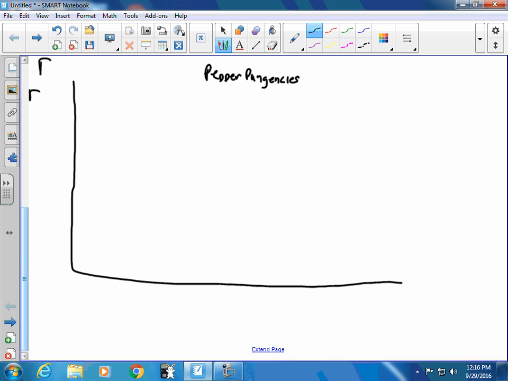How am I going to label the x-axis, this one down here? What do I label that as? What's going to be on my x-axis? Brandon, what's going to be on my x-axis? We could look at yesterday's graphs too.